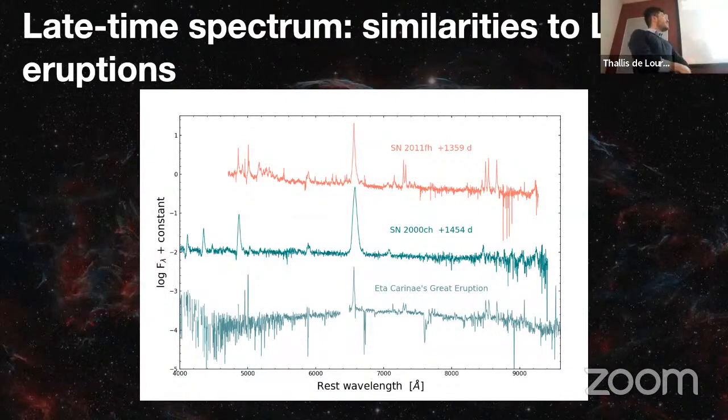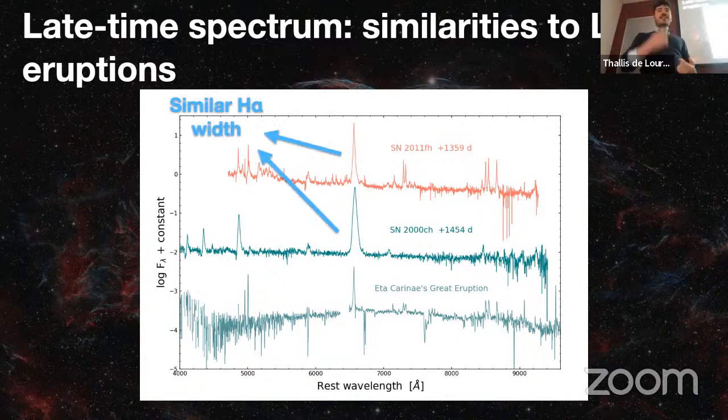Another interesting feature of 2011 FH is that at later times, there was a spectrum obtained, almost 1400 days after the 2011 FH explosion. And this spectrum shows many similarities with other supernova impostors, and also with LBV eruptions such as the Eta Carinae Great Eruption.